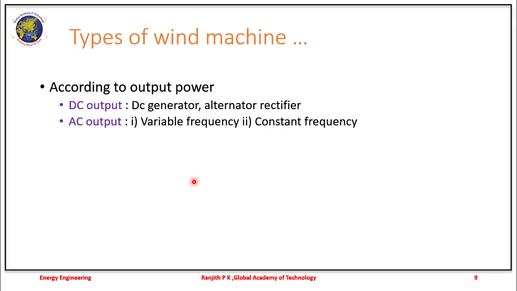The next classification is based on the output that it is producing. It could be either a DC output, where the power generated by the wind machine is in the form of DC power, or it could be an AC output. Within AC, it could be either through variable frequency or constant frequency. But more or less, these wind machines are AC output machines.